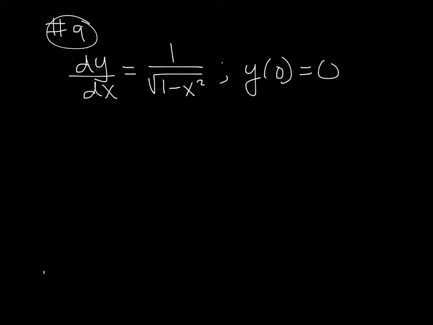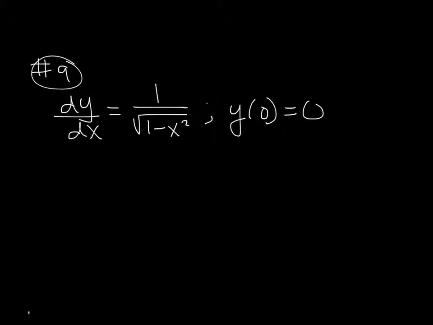So again, we want to find a function f of x that satisfies this given differential equation, and of course the prescribed initial condition. Okay, so let's go ahead and start integrating.